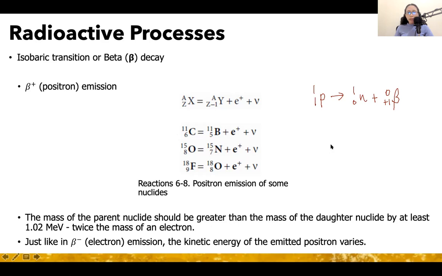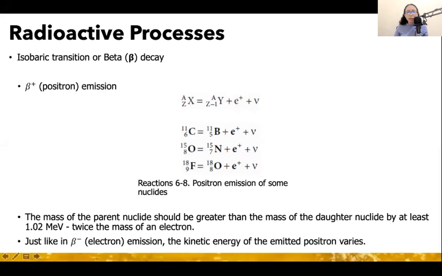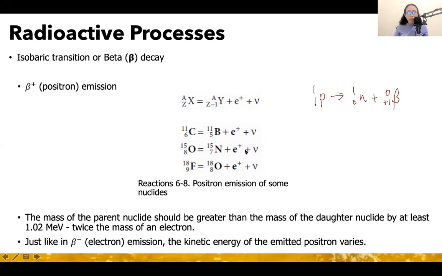So why is that? We only see one electron here, or we can only account for one electron, right? So why is it that the mass of the parent nuclide must be greater by twice the mass of an electron?